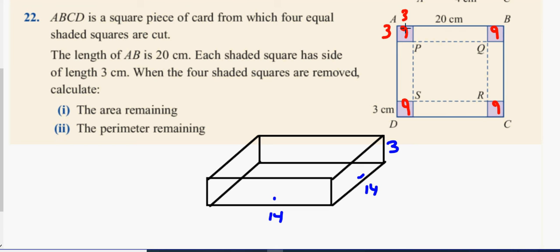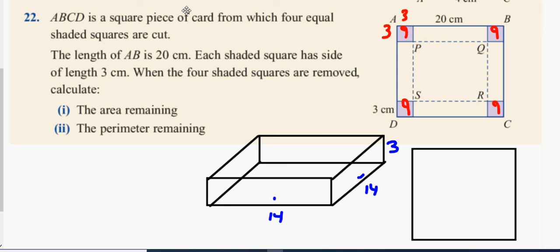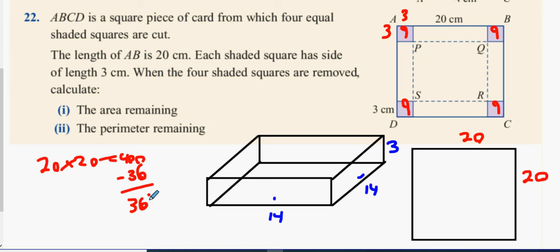What's the size of the big square? It's 20 by 20, which is 400. And then, what did he take away? Took away 36, and he got the answer a lot quicker than what I did, right?